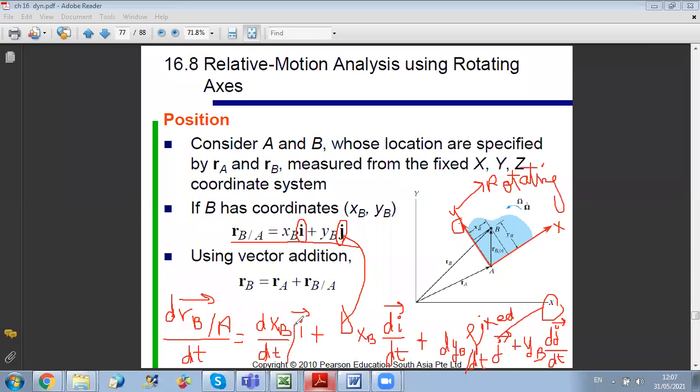Now, we will do the analysis of each term. dxB by dt i represents Vx relative, the x component of the relative velocity in the rotating frame.